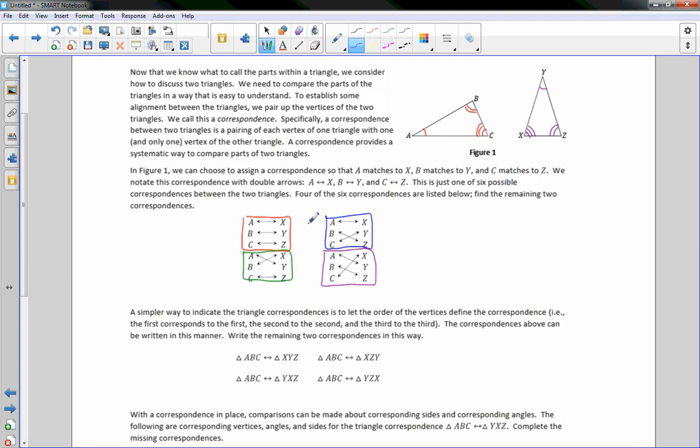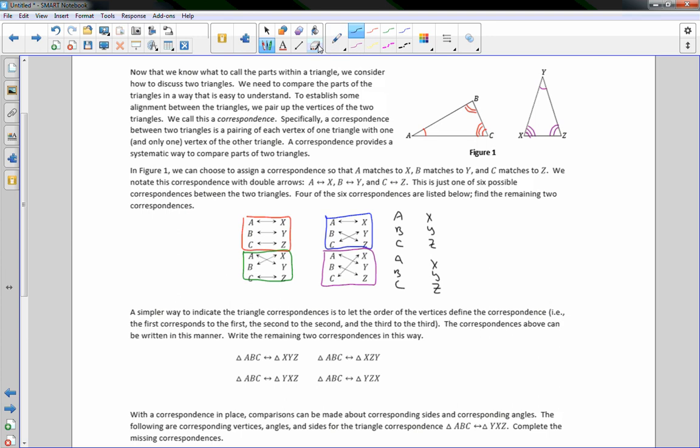Now it says there are 2 remaining. So I'm going to write A, B, and C, X, Y, Z 2 times. We never change the letters, we're just changing the correspondence arrows.